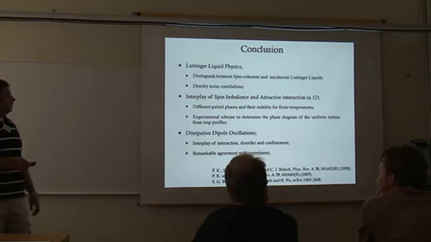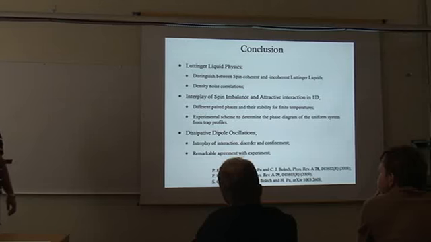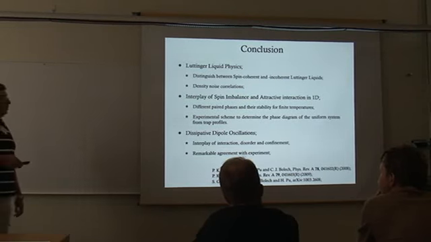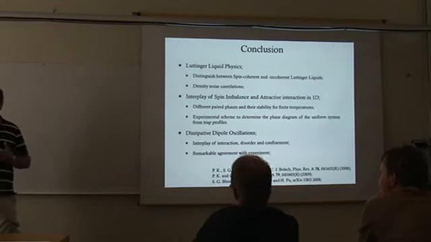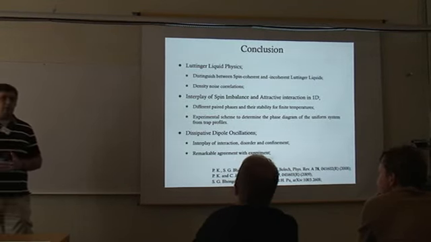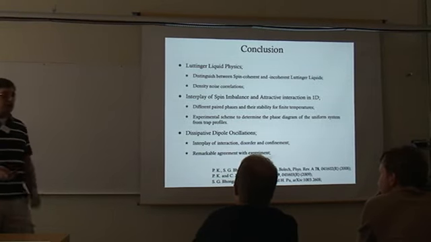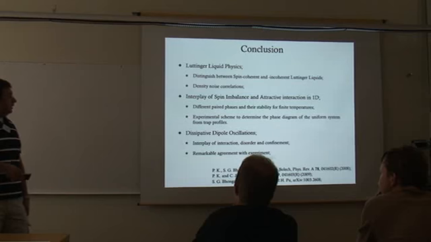Then I told you about a scheme to determine the phase diagram of a uniform system if you have the thermodynamic density profiles of a trap coming from experiment or from theory.